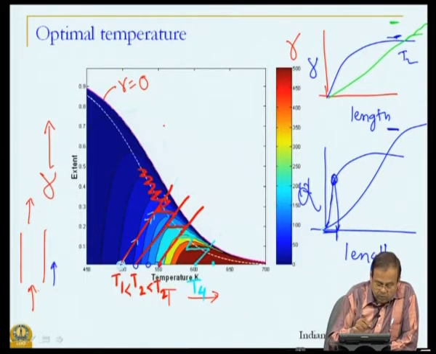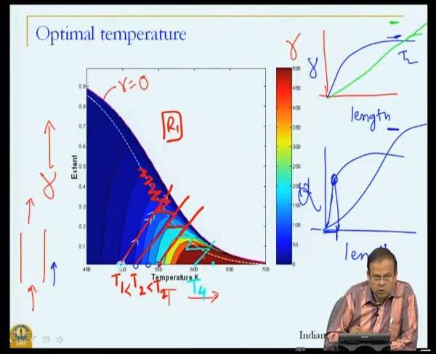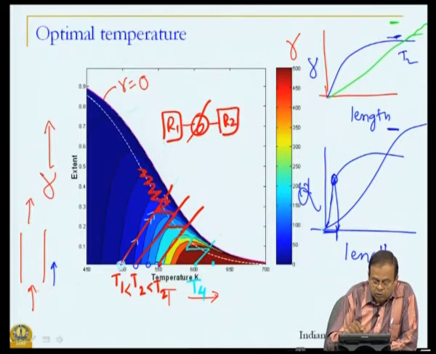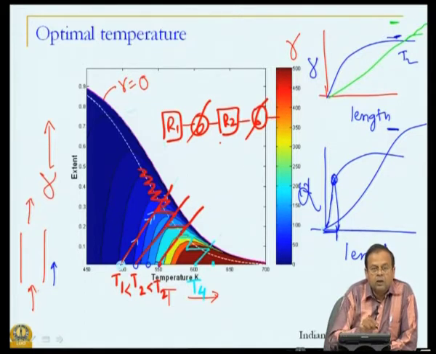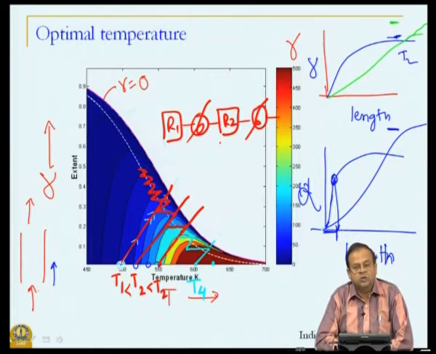I will have, let us say, a reactor R1, corresponding to this, then a heat exchanger to remove the heat, followed by another reactor R2, second segment, again another heat exchanger, cooling, again another reactor, and continue this series.